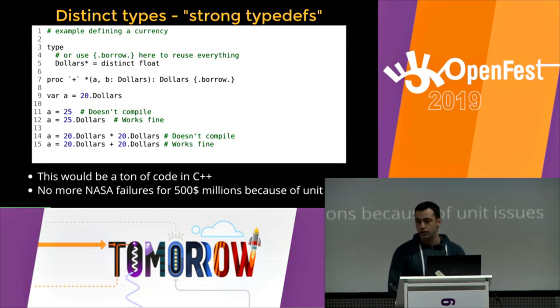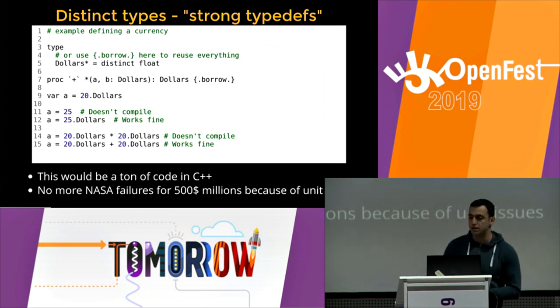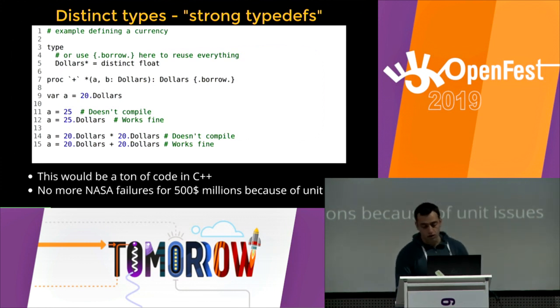It's basically a float underneath, but it's a distinct type. And then we can decide to borrow either some of the operators which work for floats, or even all of them with just a single line. And then we have type safety when dealing with currencies. Nice feature which, when dealing with C++, requires hundreds, if not even thousands of lines of code and templates just to implement a nice behaving integer-like class for something.